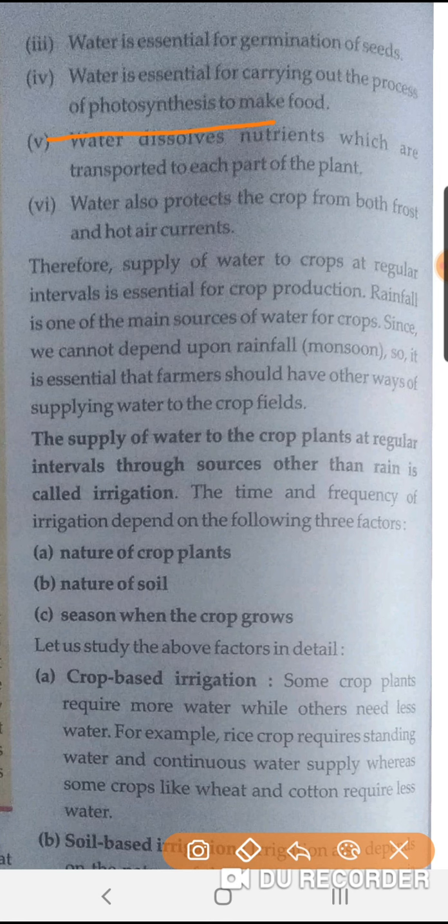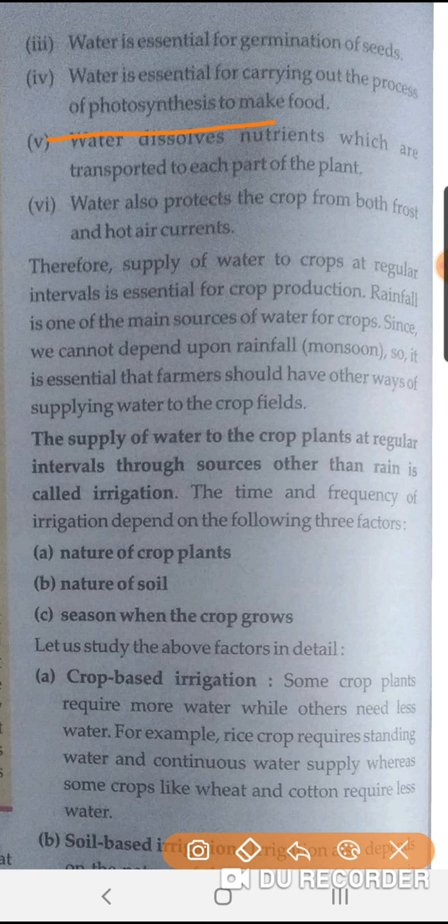There is a necessity that we provide water to the plant on time. Normally we see in homes also, we supply water at regular intervals. Rainfall is one of the main sources of water for crops. Since we cannot depend upon rainfall, it is essential that farmers should have other ways of supplying water to the crop fields.